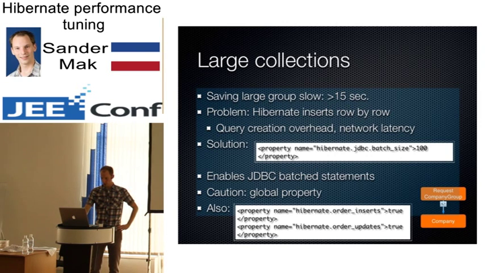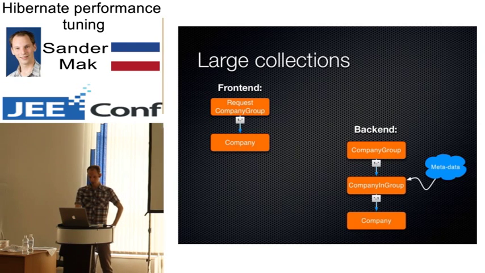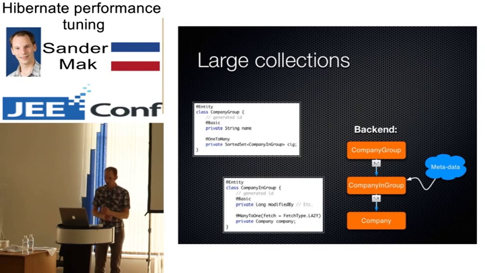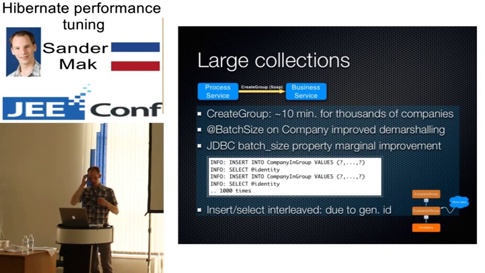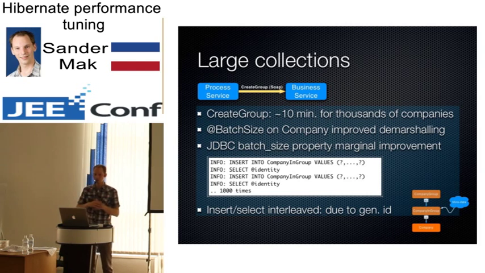So in this backend model, we also have this large collection with an intermediate entity, which made things a bit more interesting because saving this entity also meant inserting into this company in group table, right? This intermediary table. And it had a generated ID.